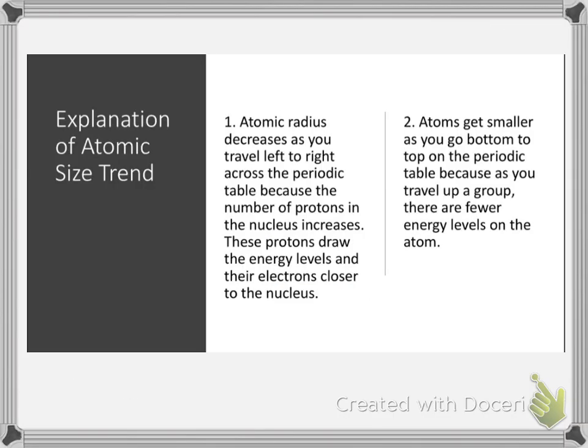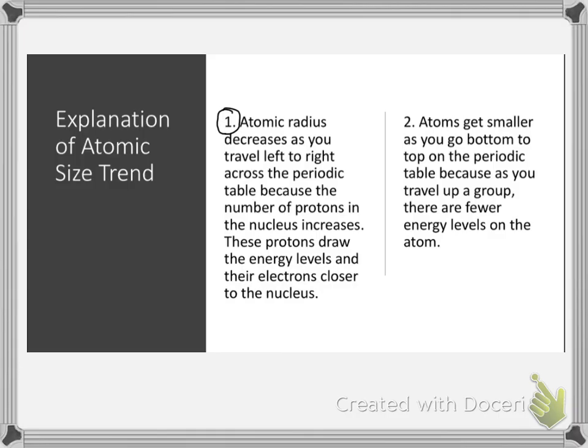Now here's the explanation of atomic size, which I think part of it's really easy and then part of it you have to stretch a little bit. If you look at number 1 here, this is the one you have to think about. It says, why would it decrease as you go from left to right? Why would it get smaller?